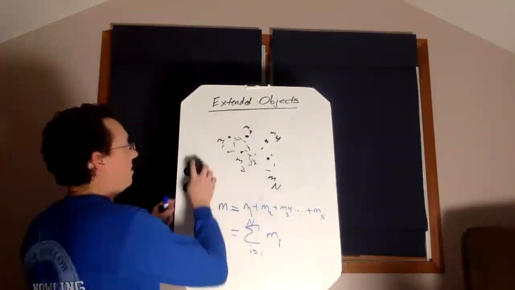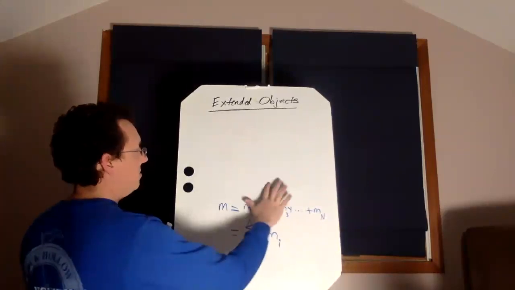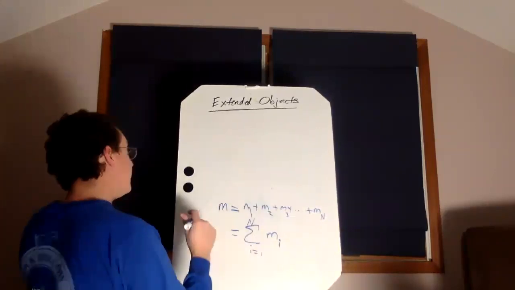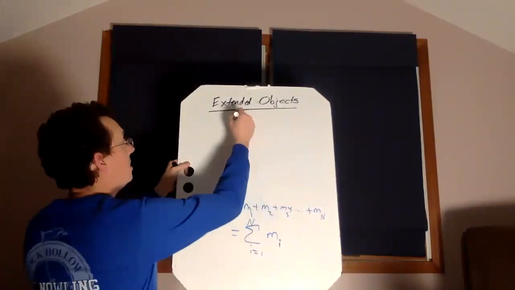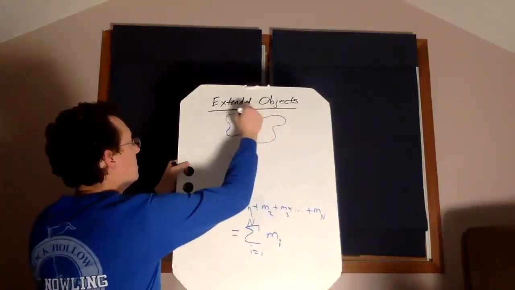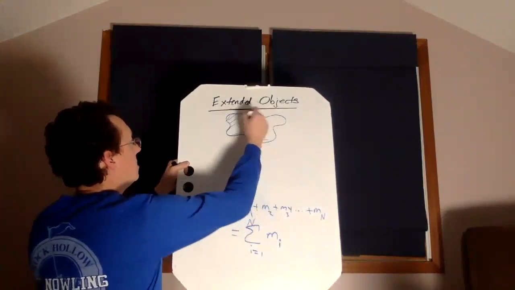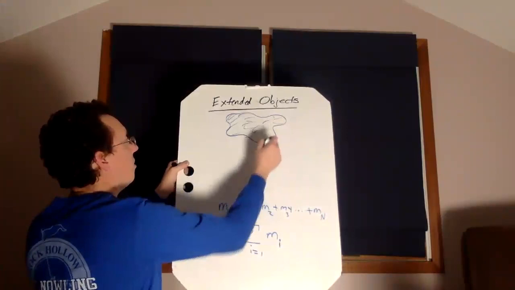You would just add up their individual masses, and that's what you would get. The problem comes when instead of a discrete set of masses, we have a blob of mass, sort of even just spread out all throughout this volume.